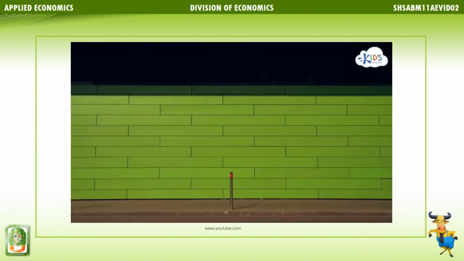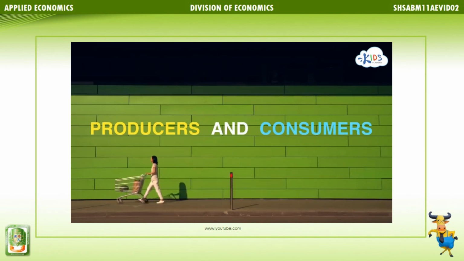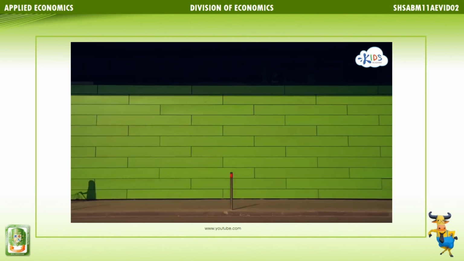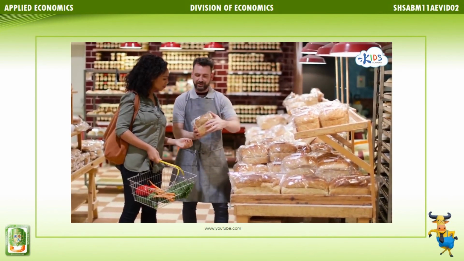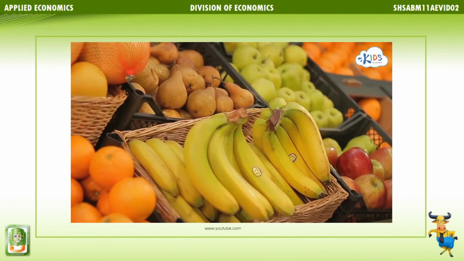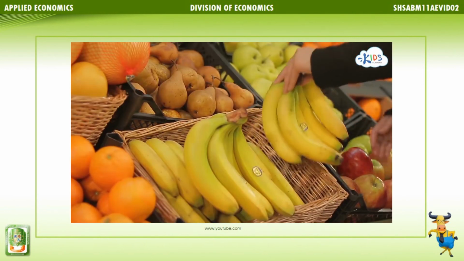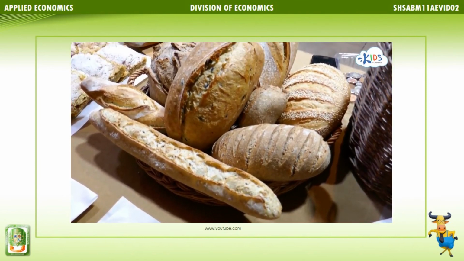Hello, boys and girls! Today, we will learn about producers and consumers. Have you ever gone shopping at a grocery store? You might see lots of fruits, vegetables, breads, and meats.